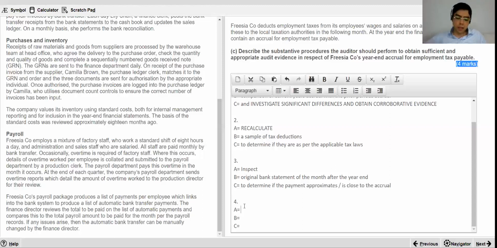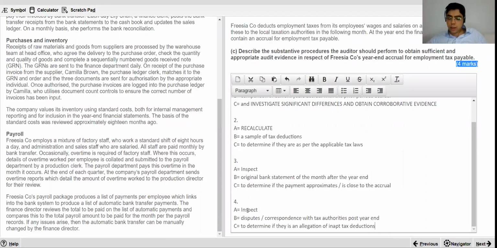The fourth procedure could be that you could inspect disputes or correspondence with tax authorities post year end. Again, the idea is to determine if there is an allegation of inappropriate tax deductions. You could get some idea over there.